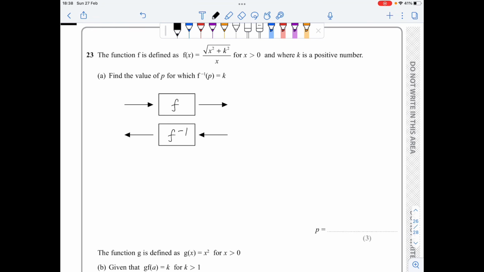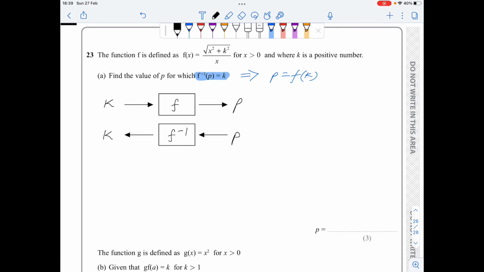In our case, we have that p is mapped onto k using the inverse function. So p is entered as an input in the inverse. We get a k, which means if I go back to my original function and use k as the input, I'm going to get a p. So this relationship can be written as p equals f of k.